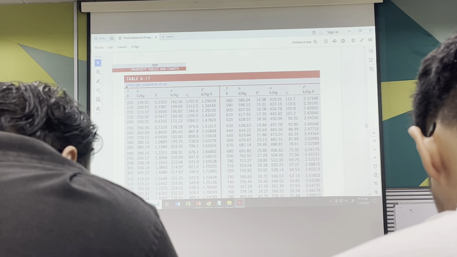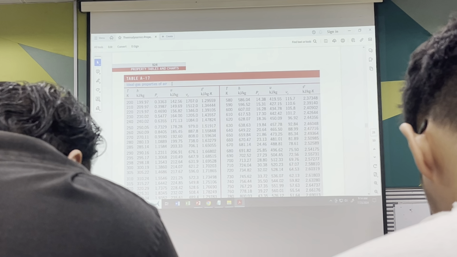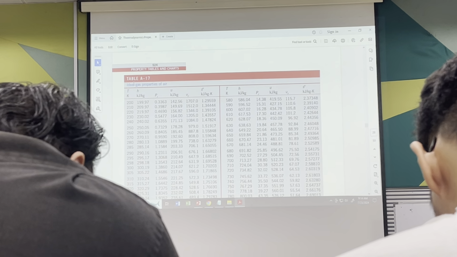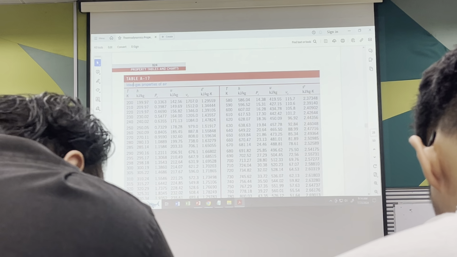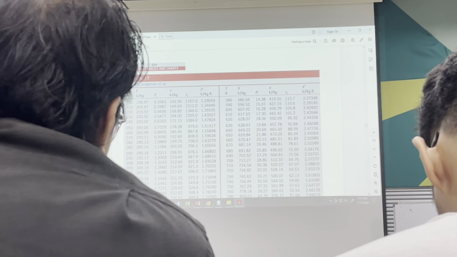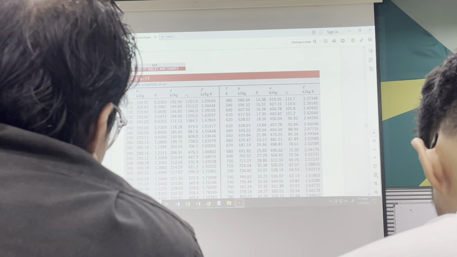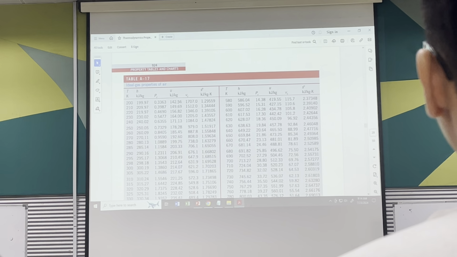So you can see that we have a table for ideal gas properties for air. And we mentioned that for ideal gas, properties are dependent on temperature, right? So you just need the temperature in Kelvin. The table is in Kelvin. So as long as you know the temperature, you can get the h, you can get the u.